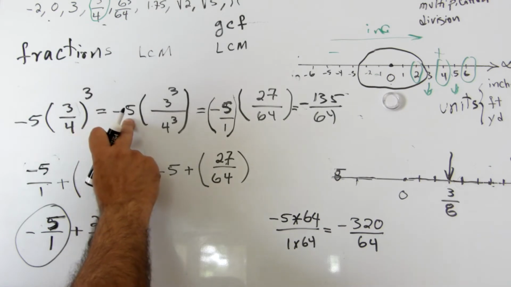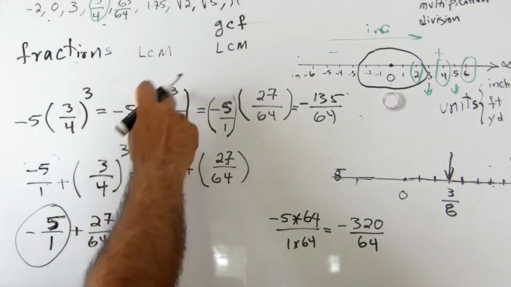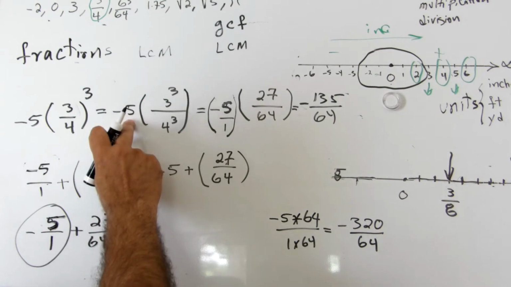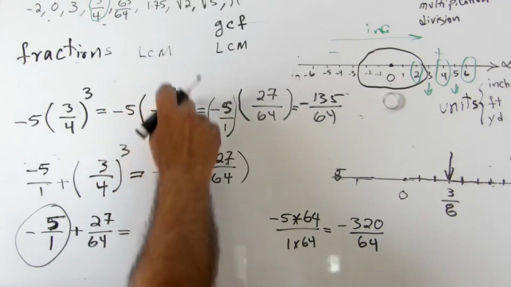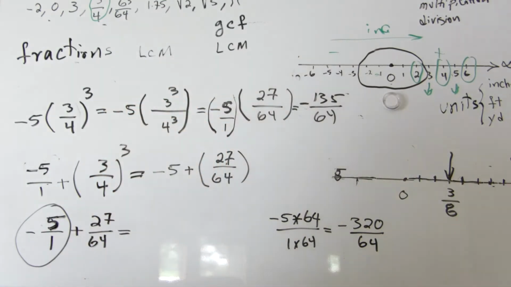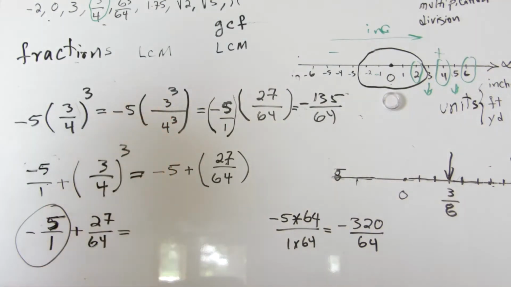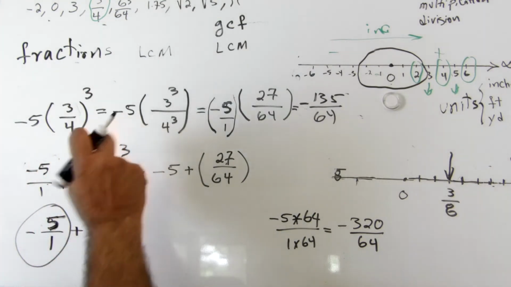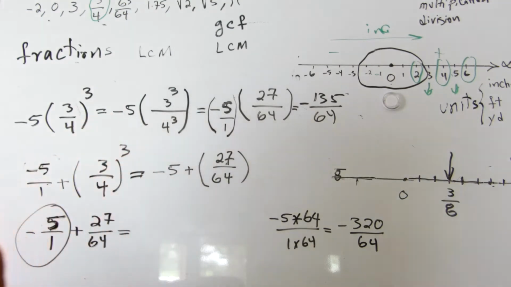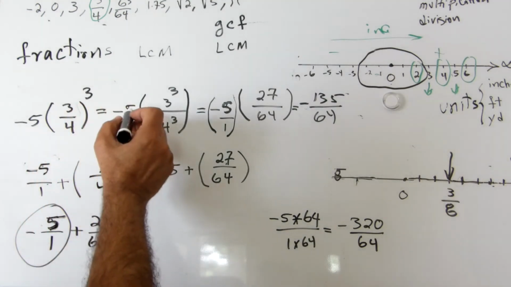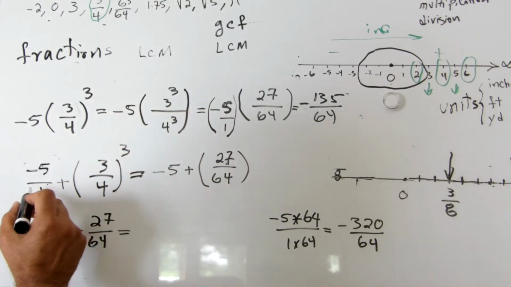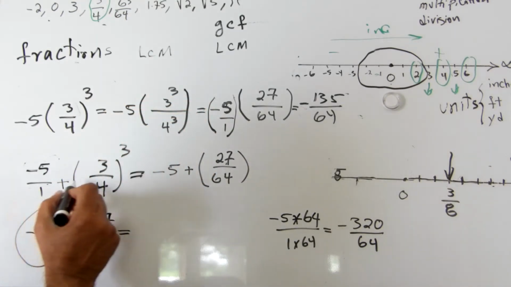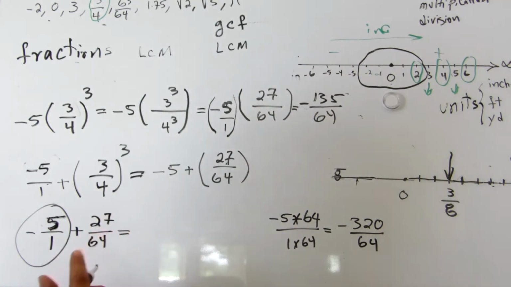Minus 5 times this expression is multiplication, but here minus 5 is plus this, and the answer is going to be totally different.